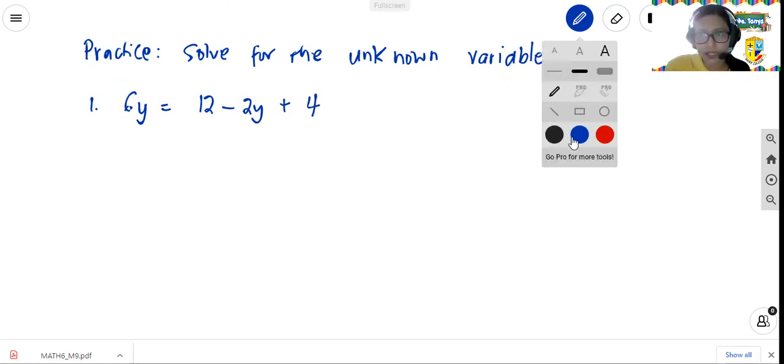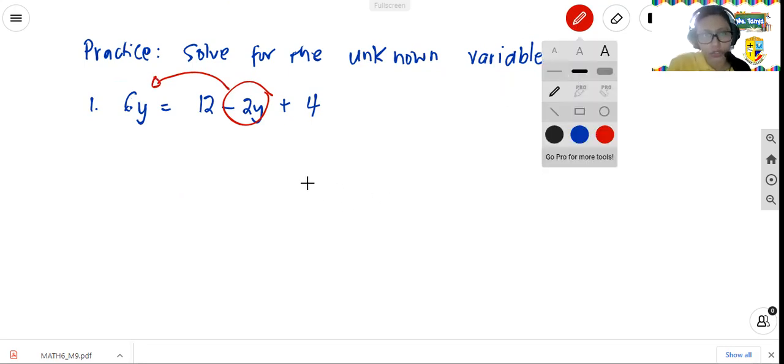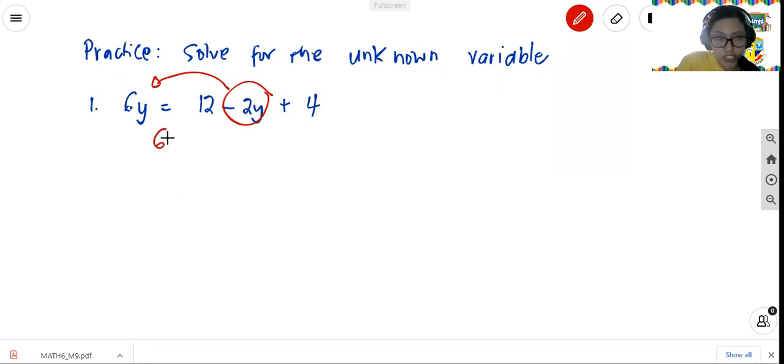So that means this y on the right side should be transposed to the left side so that all the y's are there. Okay, so in order for me to do that, I will just change the sign because there's subtraction here. And again, transposition can be used when there is an operation of addition or subtraction.